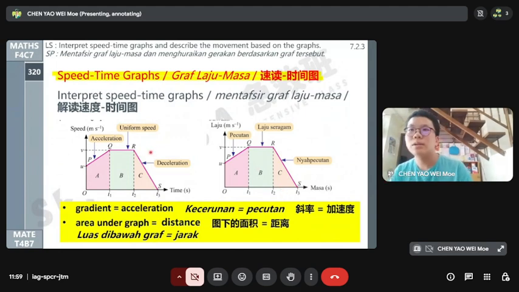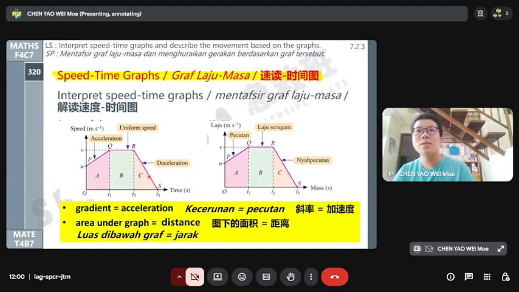This one you need to know. This is called accelerate. This is uniform speed. What is this called? Deceleration. Okay, please don't confuse with velocity. Velocity is used for displacement, not used for distance. So jangan keliru. Don't confuse with the velocity that you learned in physics or science also.